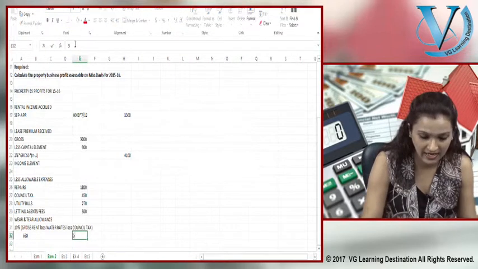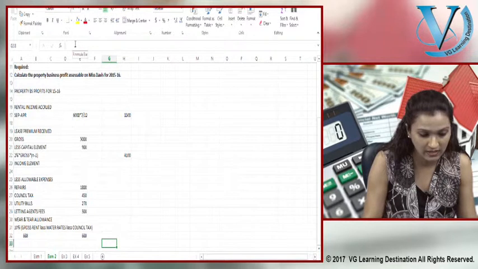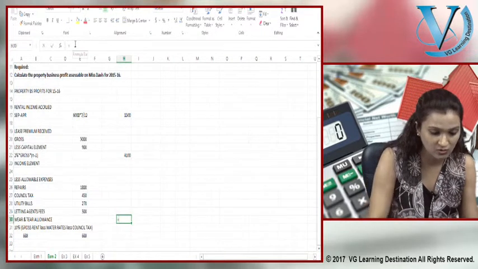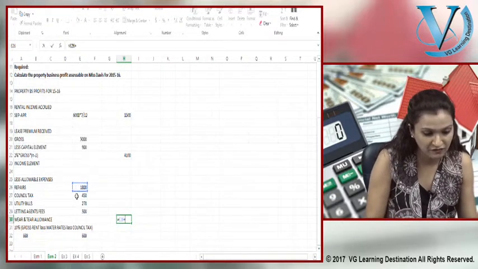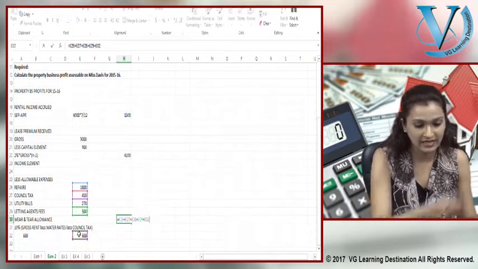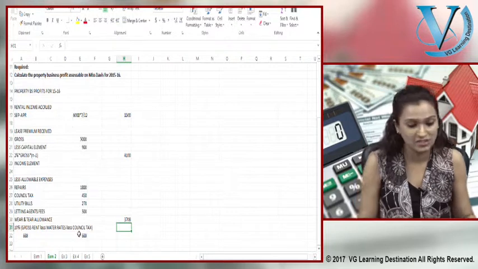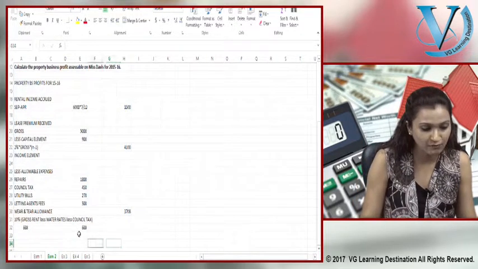So 688. Total allowable expenses come out to be equal to how much? Equal to 1,800 plus 450 plus 270 plus 500 plus 688. So 3,708 is what is going to be your allowable expense, resulting into a net profit.